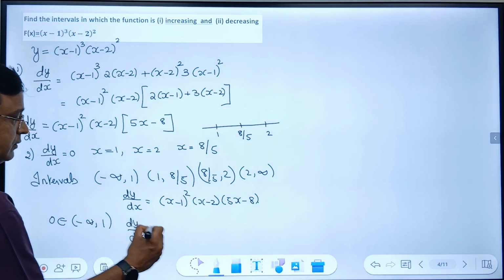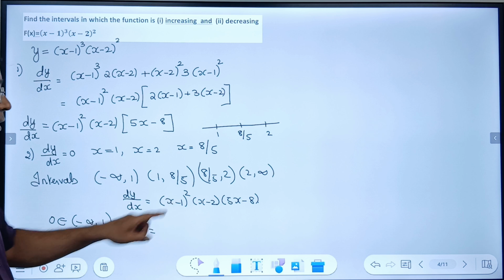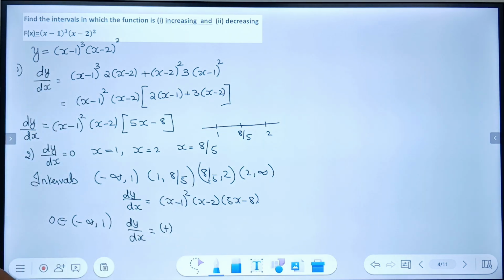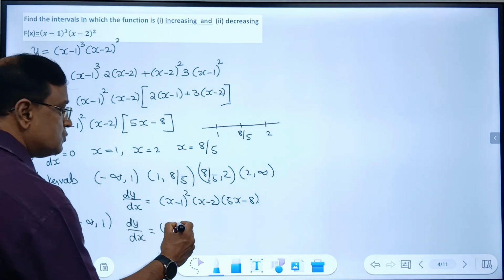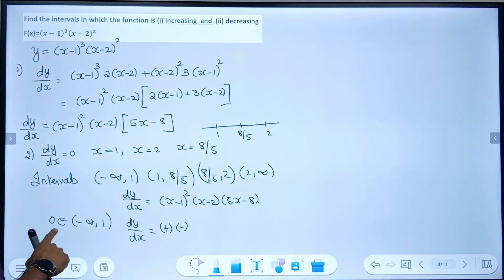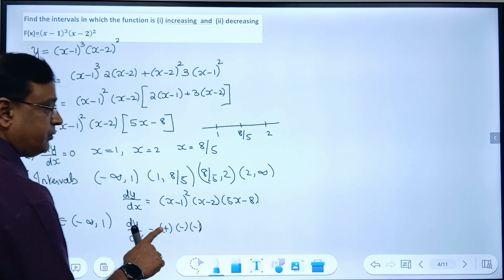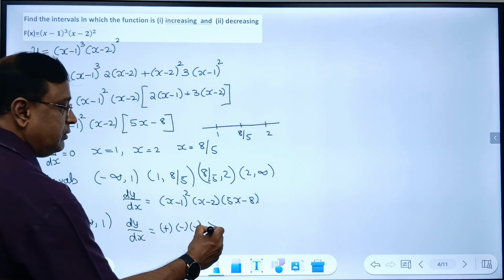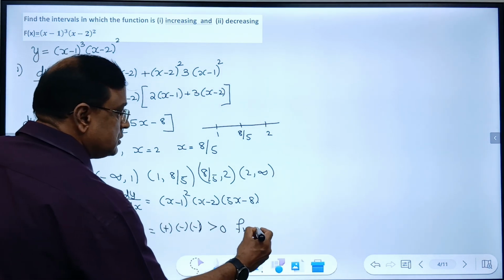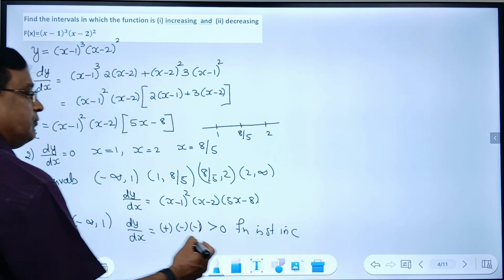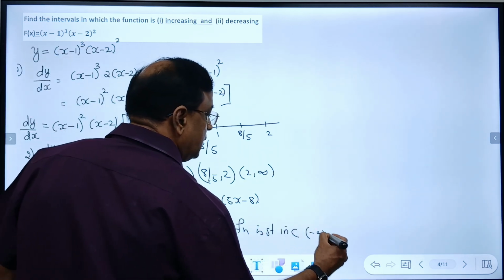When I put 0, you get positive, because (x minus 1) whole square is always positive. Now 0 minus 2 is negative, and 0 minus 8 is also negative. So positive into negative into negative is always positive. Therefore, the function is strictly increasing in minus infinity comma 1.